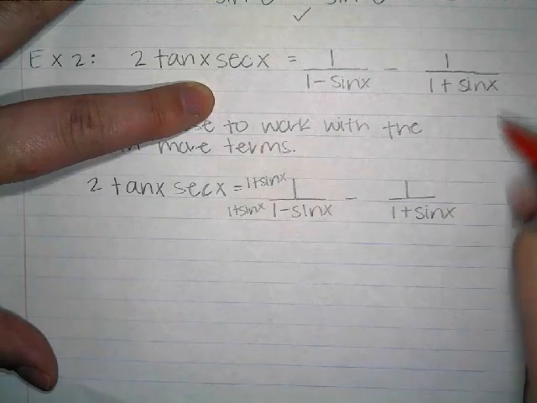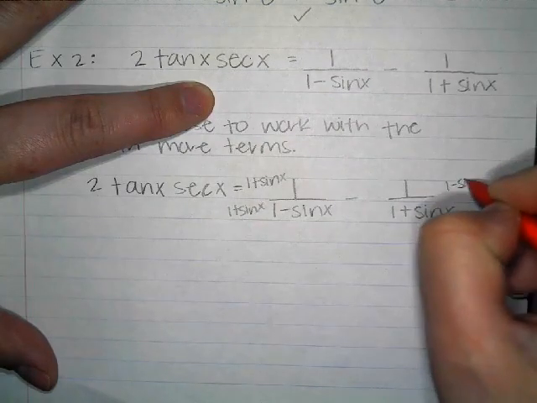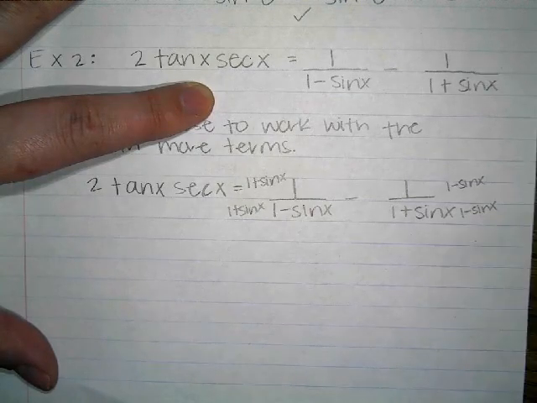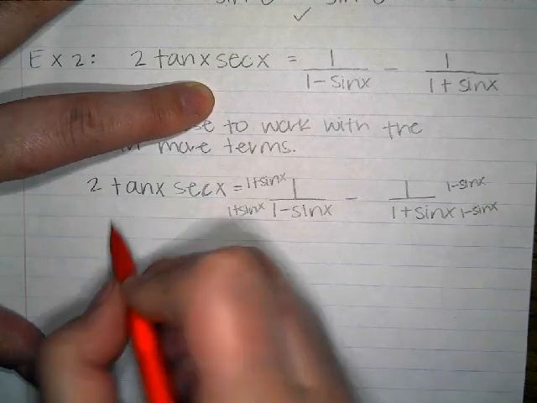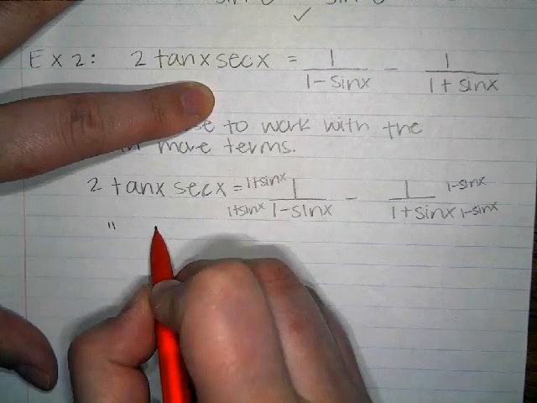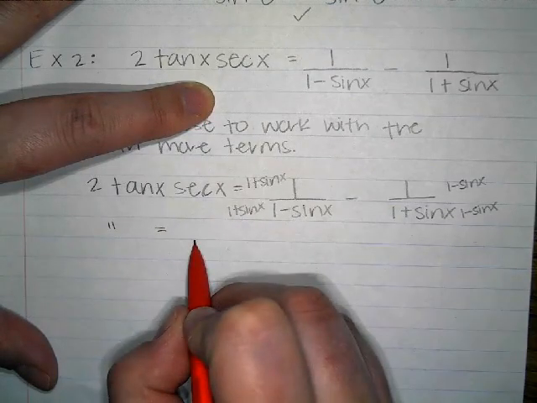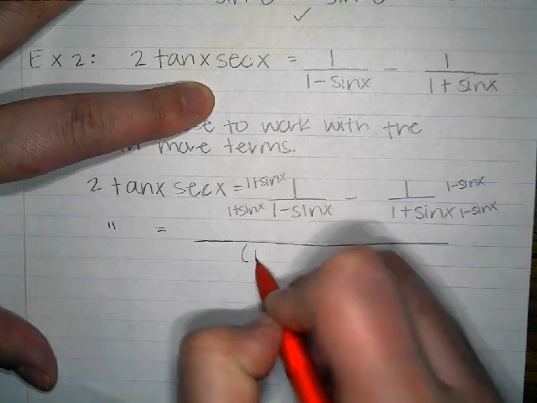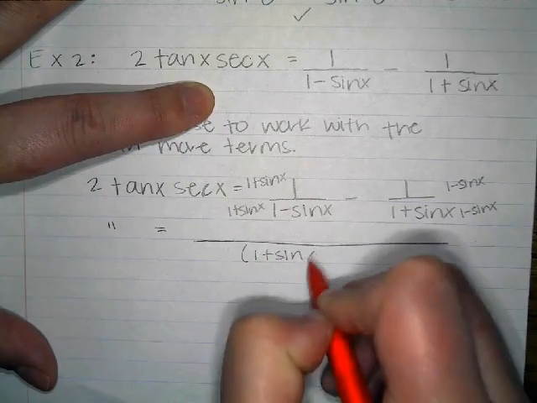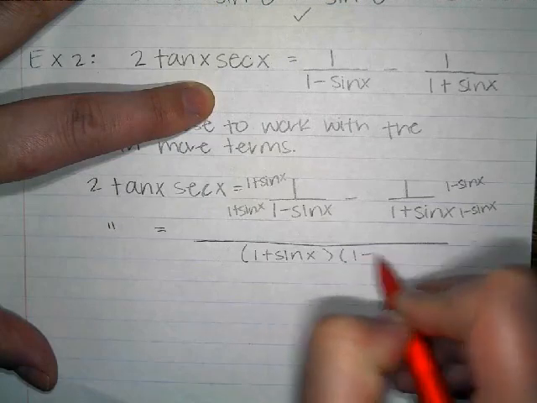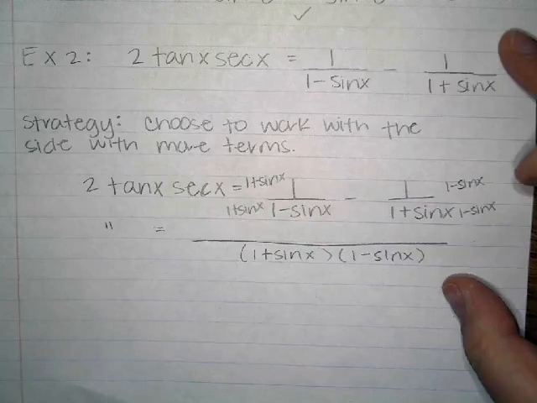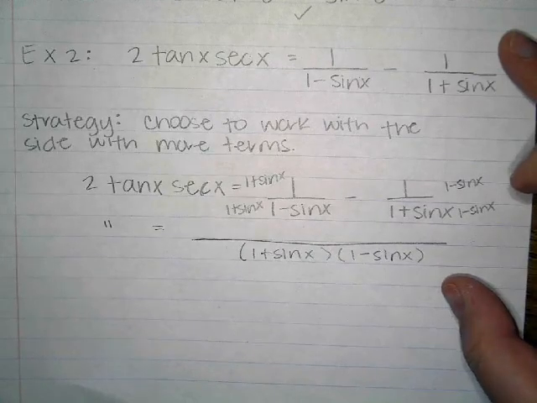Okay, so I'm going to say the right side equals, our common denominator is 1 plus sine x, 1 minus sine x. I'm going to leave these unfoiled because I've noticed that in fractions things cancel sometimes, and so it would be nice to see them in the factored form just in case they end up canceling with something.